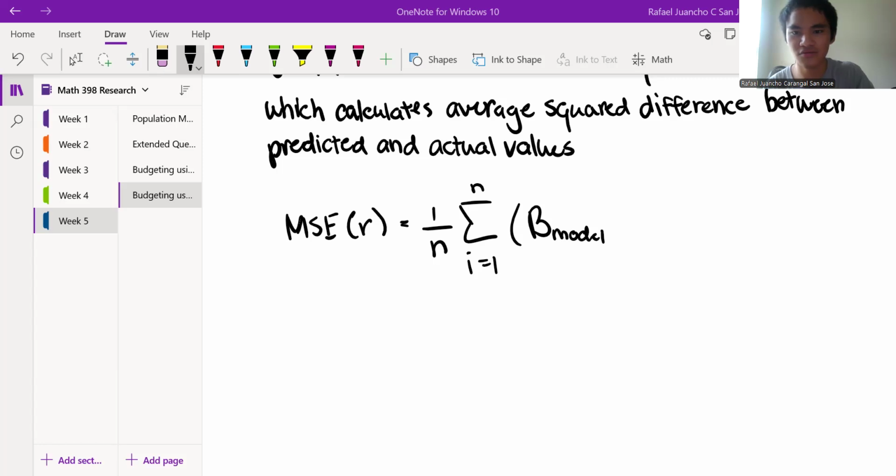Okay, he wrote it in a weird way. It's the time at the ith observation and the R being fitted.